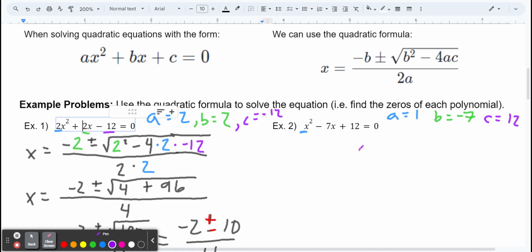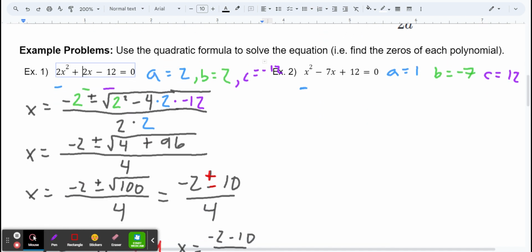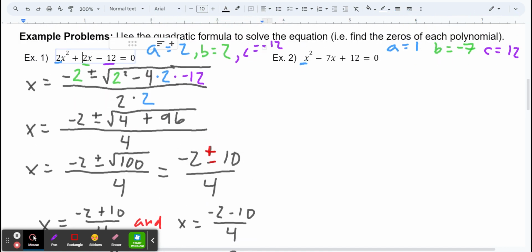Okay. Now, if we keep going, we want to set up our formula with this stuff that we just wrote down. I'm going to switch over to black here.